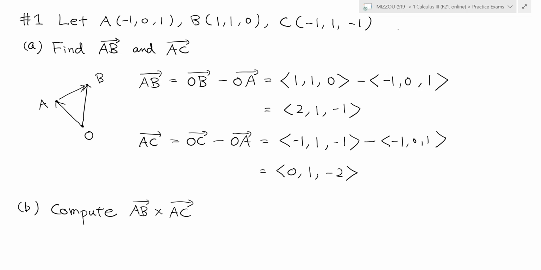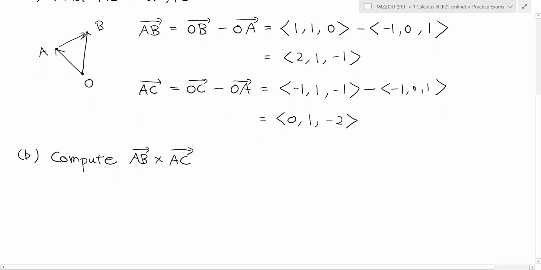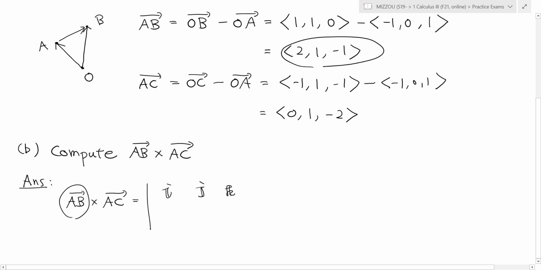Part B, compute the cross product of those 2 vectors you obtained in part A. So it's a cross product, so the answer AB cross AC is the determinant with I, J, K, and then you list the components of AB on the second row, and the components of AC on the third row.